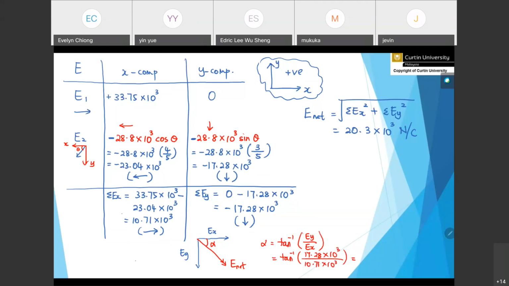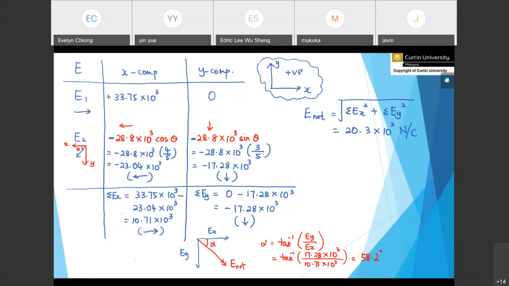So I'm going to get, see, this angle is the same as the one that we have calculated just now. If you remember, 58.2 degrees.